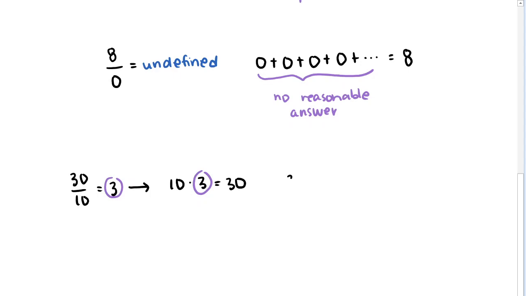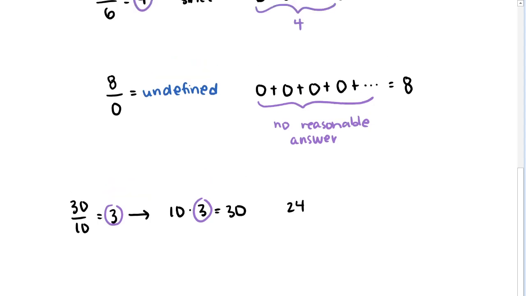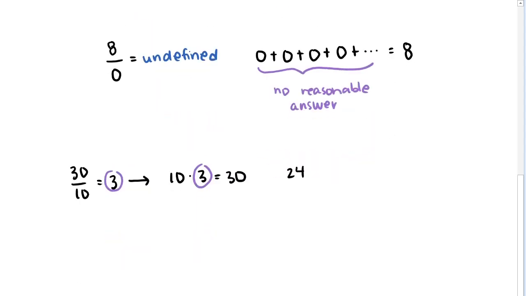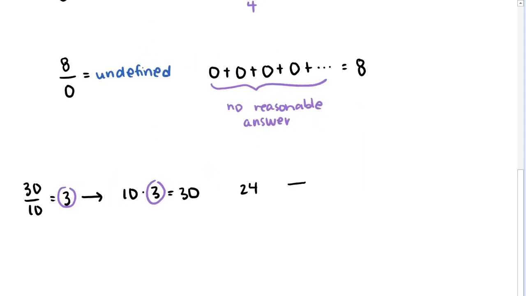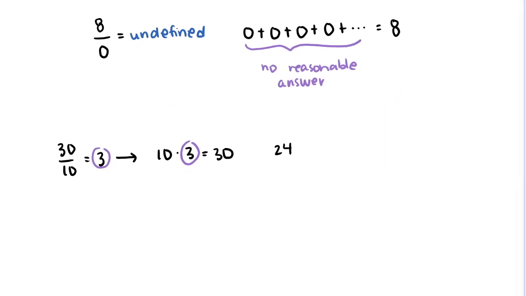Or if I take 24, and here, what did we do earlier? We divided by 6, right? 24 divided by 6, this is equal to 4, right? And so this is like saying 6 times 4 is equal to 24.